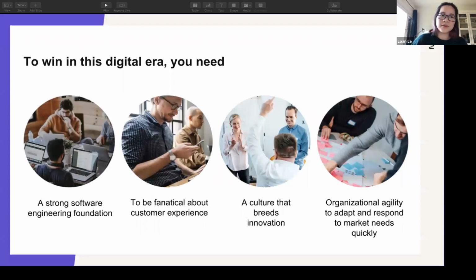With a long experience in the industry, we've acknowledged that for a business to succeed in this digital era, they essentially need four things: a strong software engineering foundation, passion about customer experience, a culture that embraces innovation, and an ability to quickly adapt and respond to market needs.